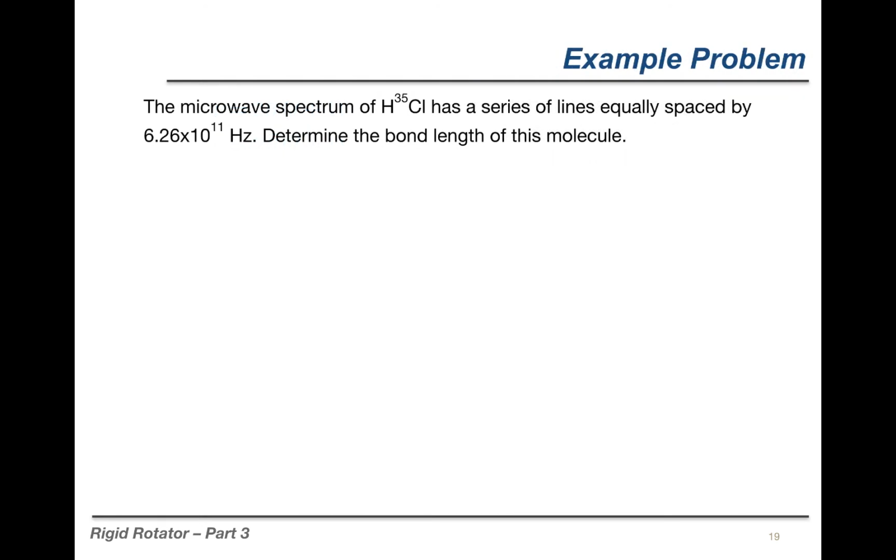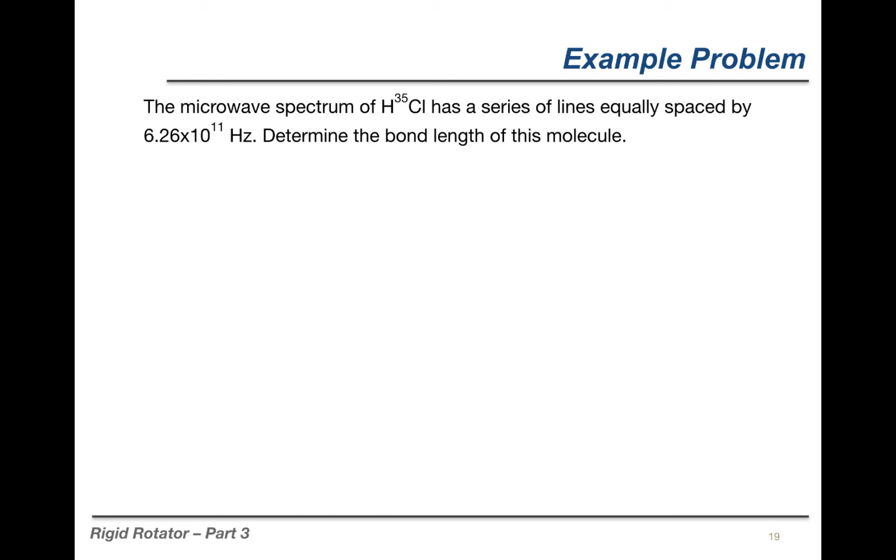So let's try an example problem to see how a rotational spectrum can be used to gain information about a molecule we're studying. The goal here, taken straight from your textbook, this is an example near the end of chapter 5, is to calculate the bond length of the molecule HCl.